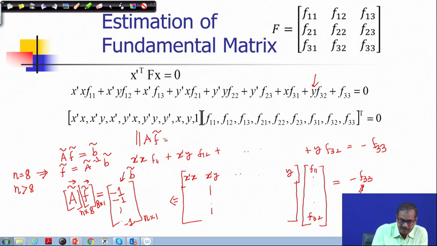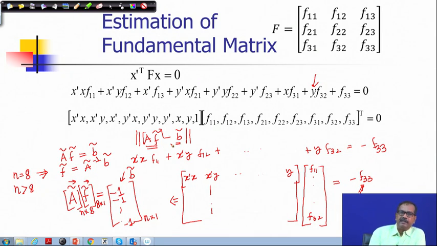So, error is defined in this. These are the deviation of the vector b from vector A f. You can find out that this dimension of A f would be also n cross 1, and b would be n cross 1.